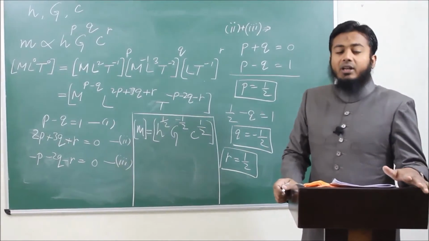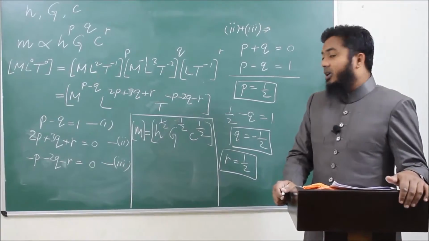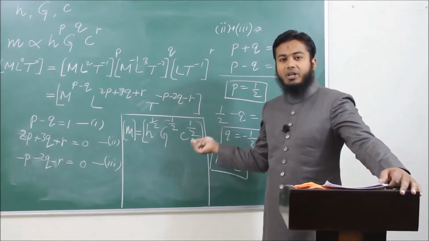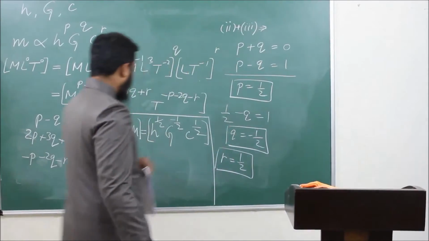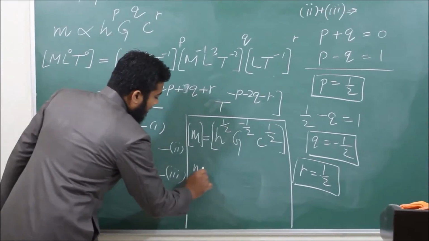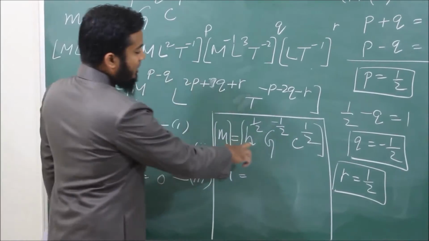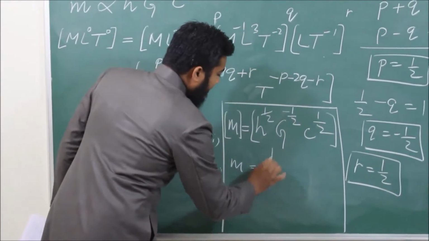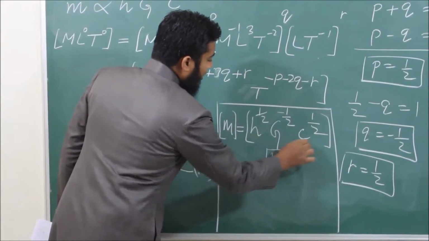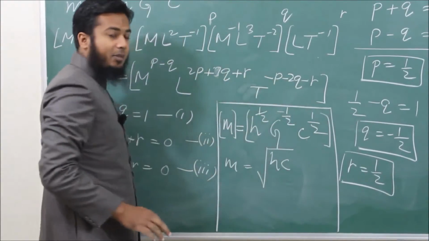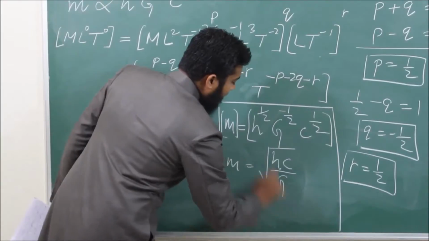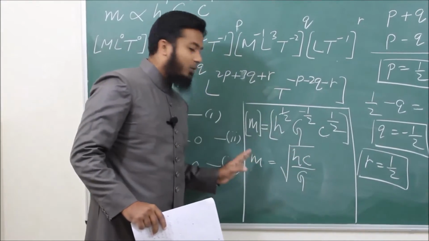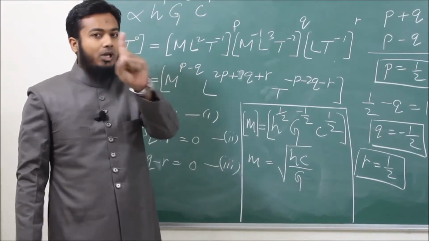Now from here we can find how much 1 unit of mass will be in terms of these chosen base quantities. h and c have plus half powers, so I can write it as h into c, and G has minus half power, so it will be in the denominator. So the square root of hc over G will be the value of 1 unit mass.